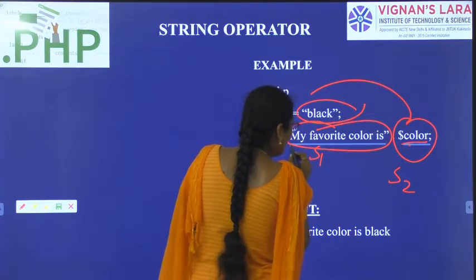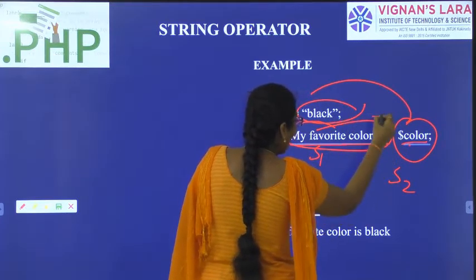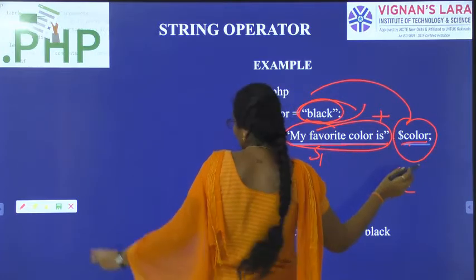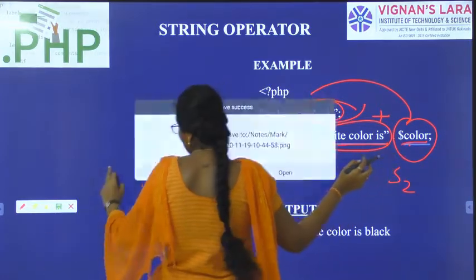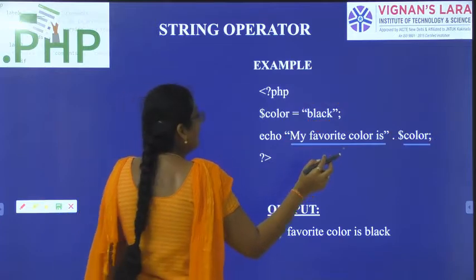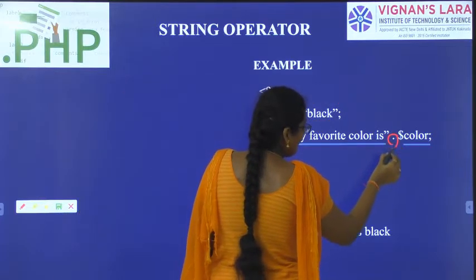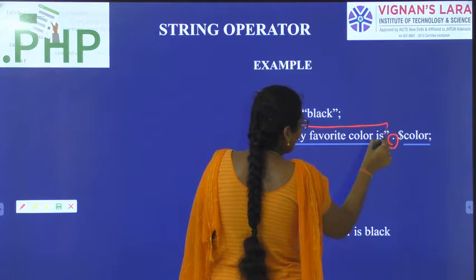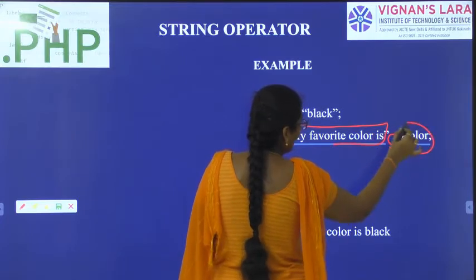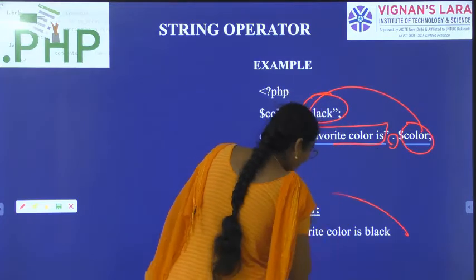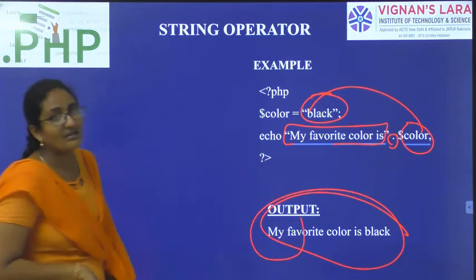Black. So for this my favorite color is, I am adding black with the period symbol. So using this period symbol here, I am adding my favorite color is sentence to dollar color. Dollar color is black. So output I got my favorite color is black.